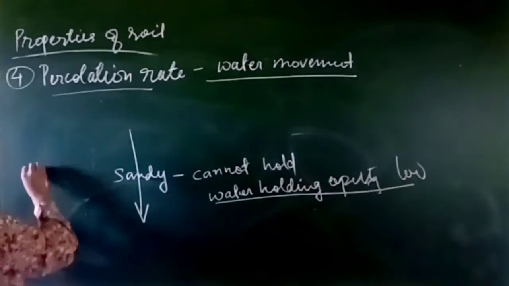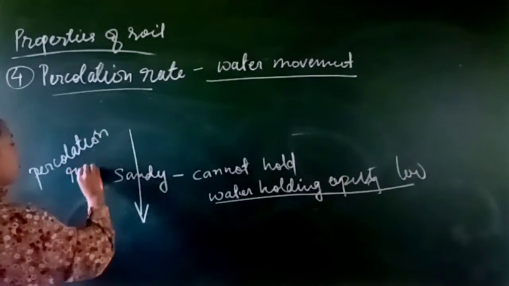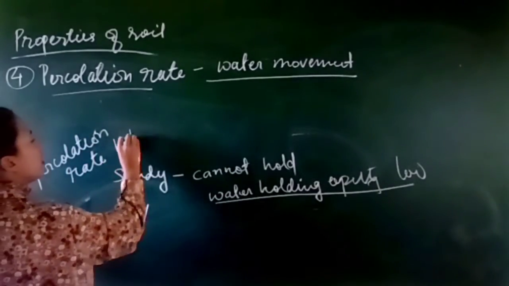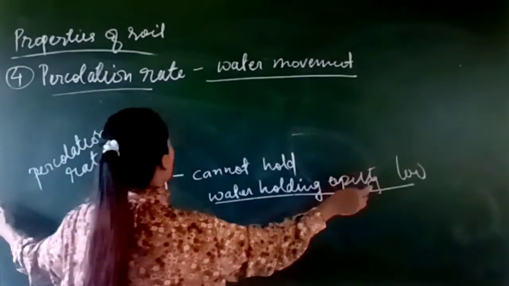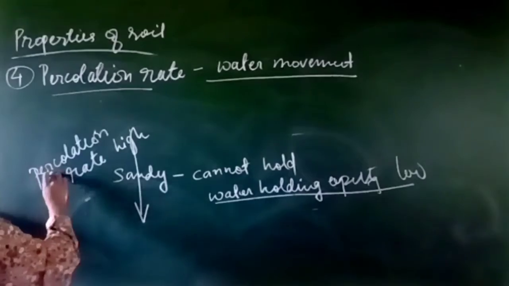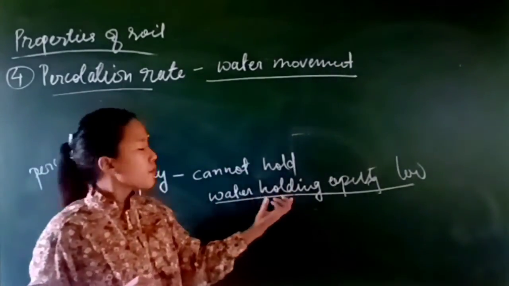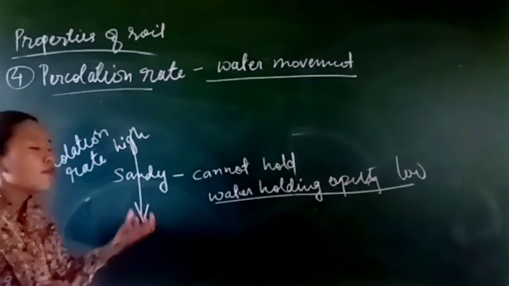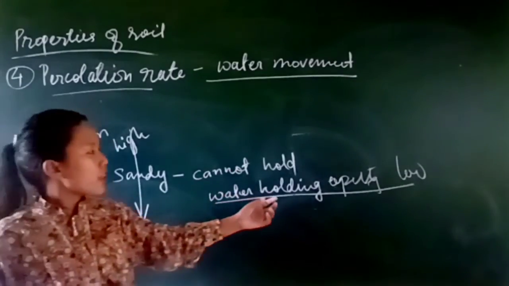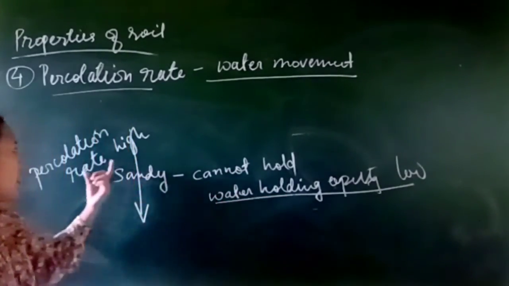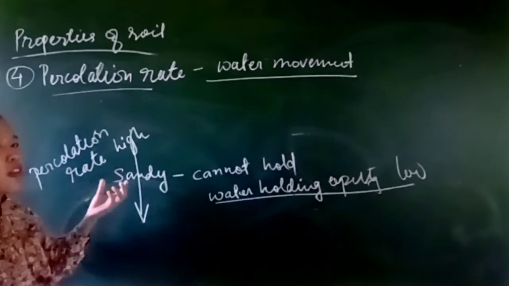That means the percolation rate will be very high. If the water holding capacity of a soil is low, then the percolation rate of the soil will be high. Since it cannot hold the water, water can pass through very rapidly. So if the soil has a very low water holding capacity, it has a very high percolation rate.